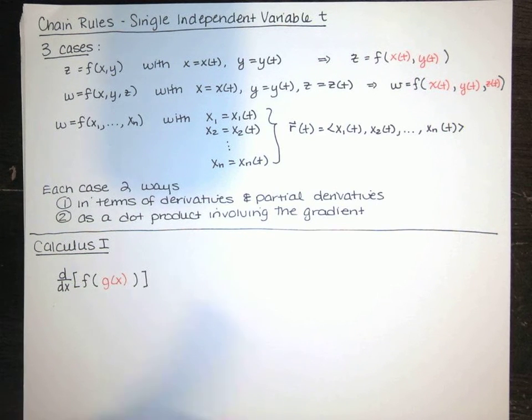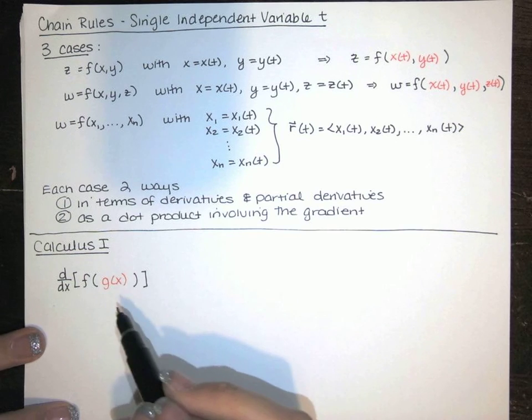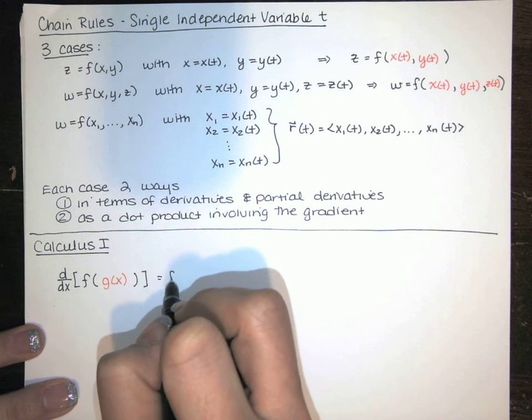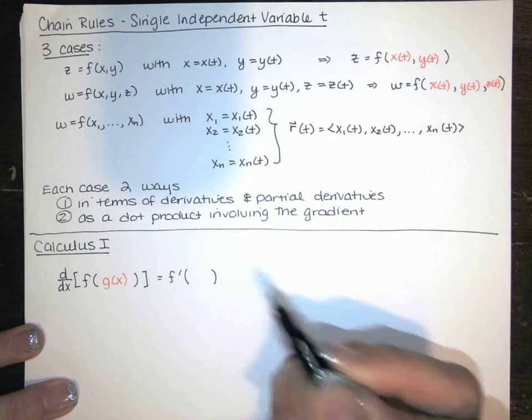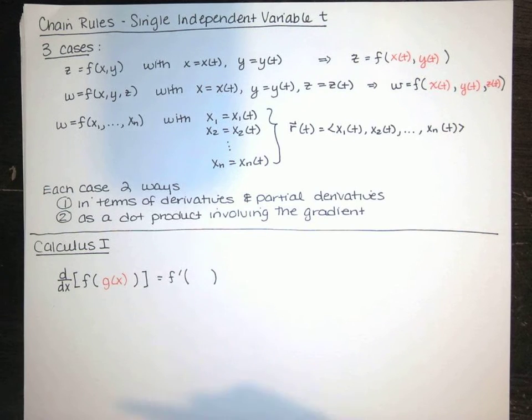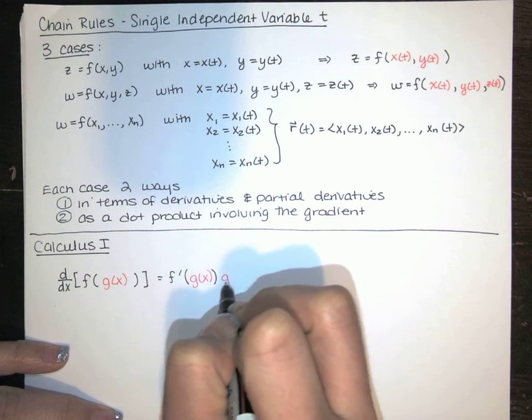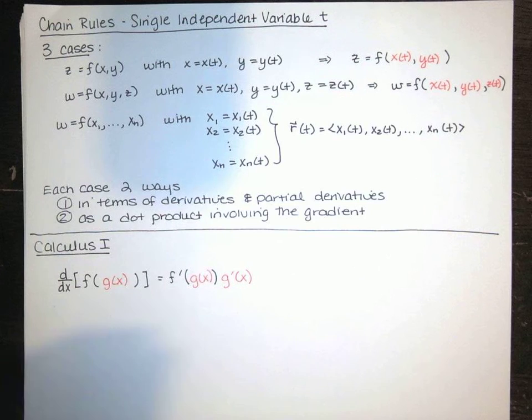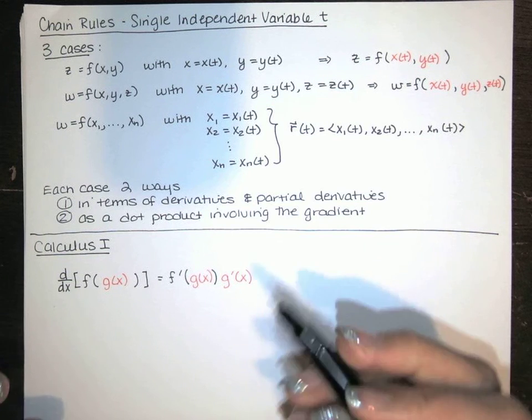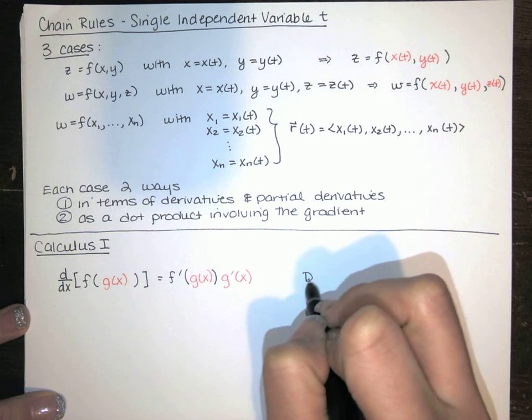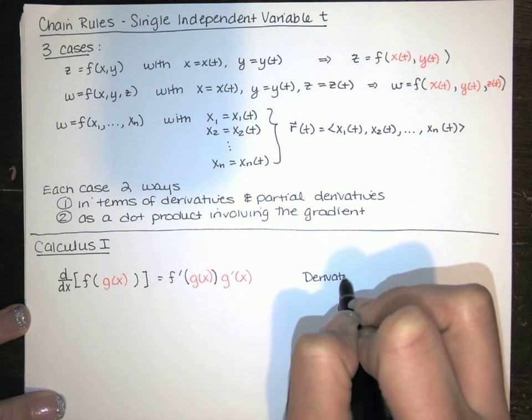And we said in Calculus 1, if you want the derivative of f of g of x, first you take the derivative of the outside function, and you evaluate it at the inside function, and then you multiply by the derivative of the inside. So you have the derivative of the outside.